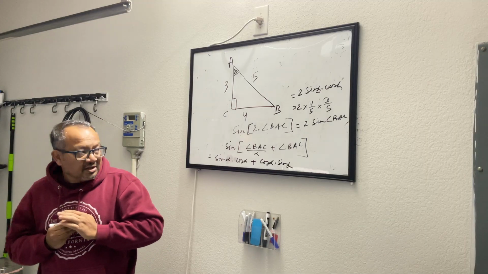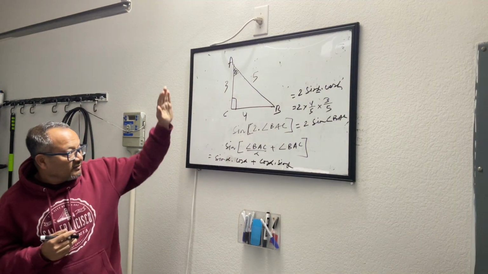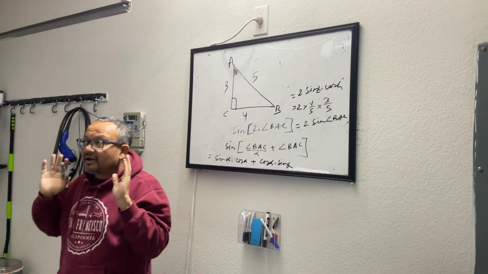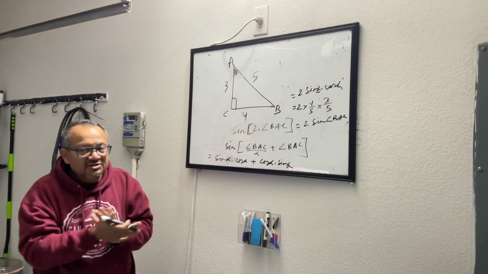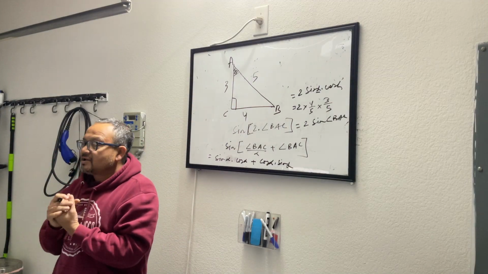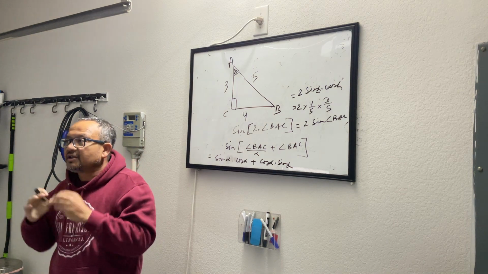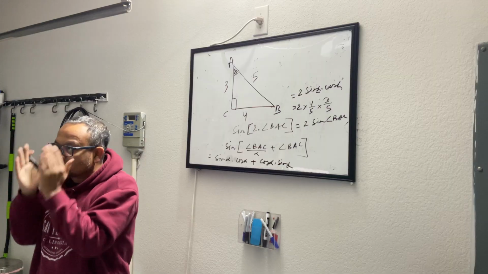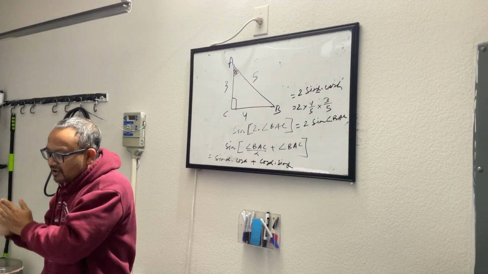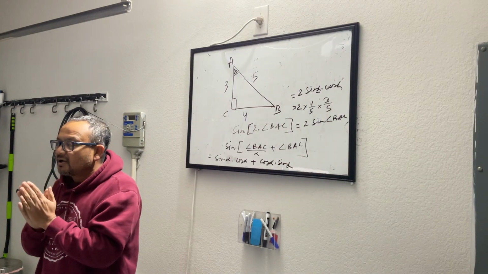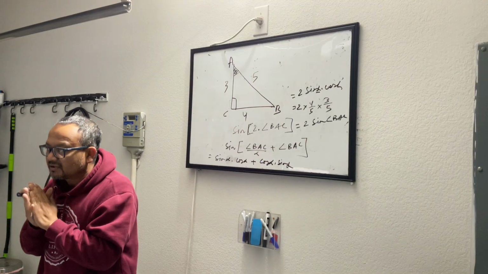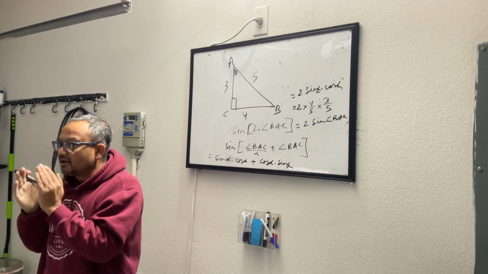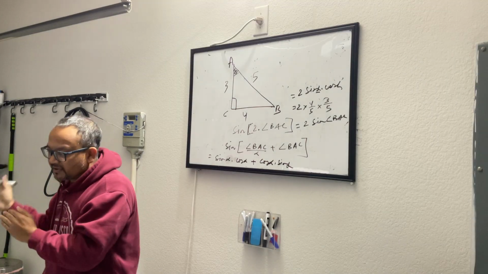Nothing wrong about it. But once we have this concept in mind, since we have deliberated this topic so much in the last 2 classes, sine of a plus b is not 2 times sine of a, it's sine of a cos of b plus cos of a sine b. Cos of a plus b is cos of a cos of b minus sine of a sine b.